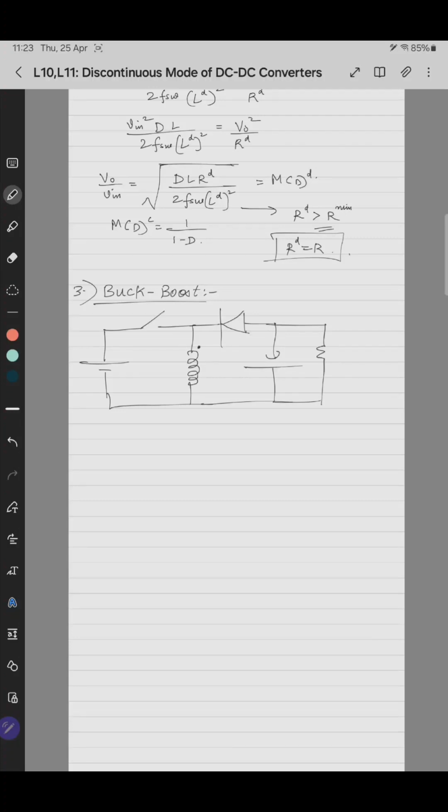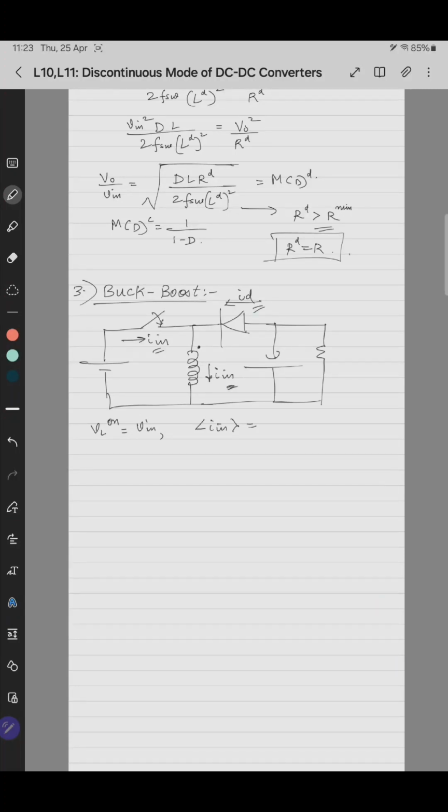When the switch is on, VL on is equal to V in, and this is I in, the average value of I in. This is the inductor current and this is the diode current. So IL equals I in when T is on, and I in equals ID when T is off.